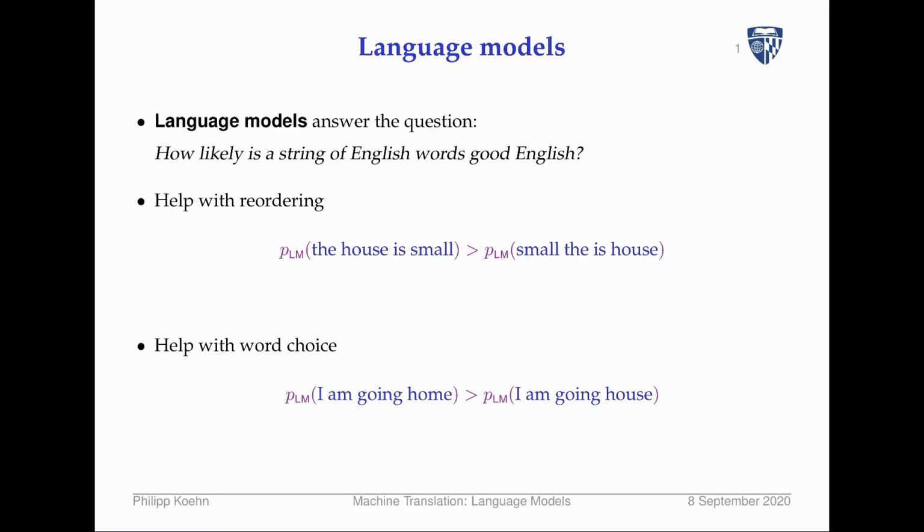So a translation model might not be sure if the right translation for a word is "home" or "house," but if we're confronted with a choice between the sentences "I'm going home" and "I'm going house," it will prefer "I'm going home." So we're going to do this in terms of probabilities and basically make choices between alternatives and base it on which has the higher probability.